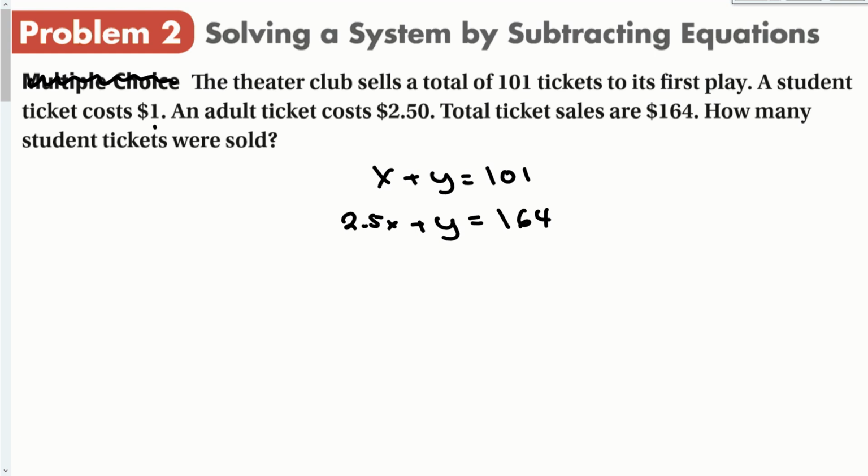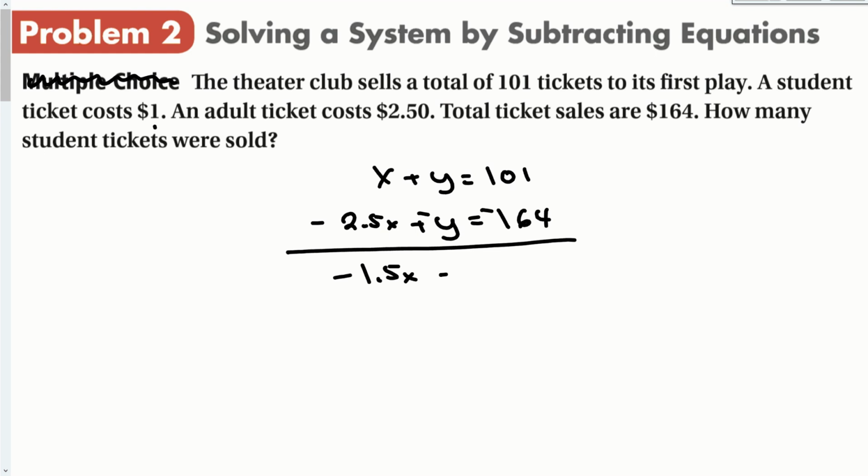If we add these two equations together, neither one of the variables is going to go away. But because these two are the same, I could subtract. So I can take all these terms and multiply by negative 1 and then add them together. Okay? So now I get negative 1.5x.